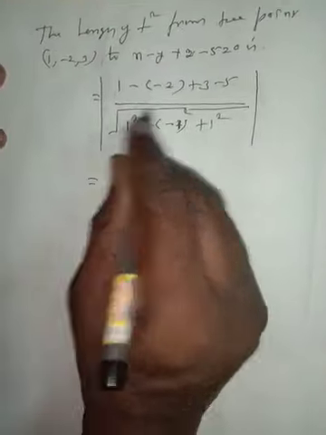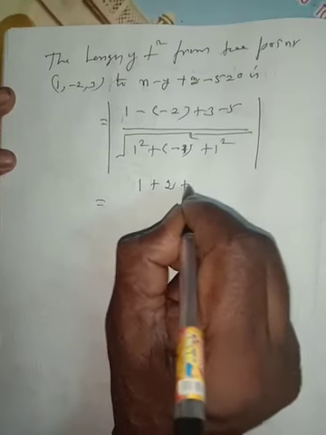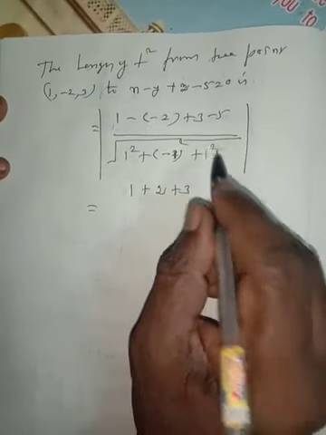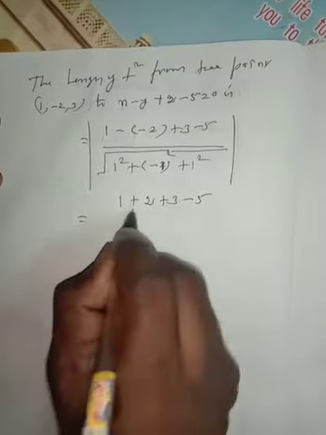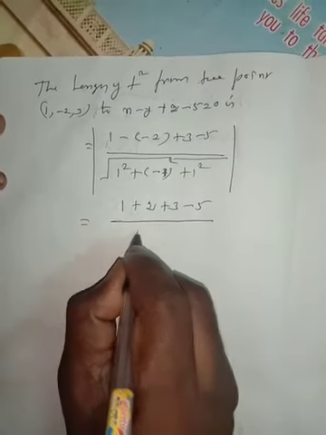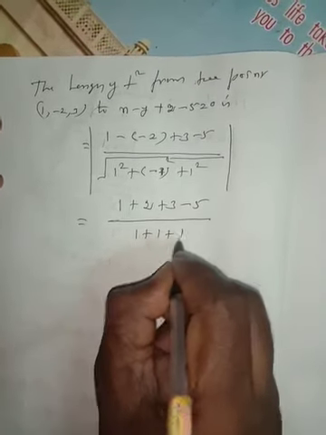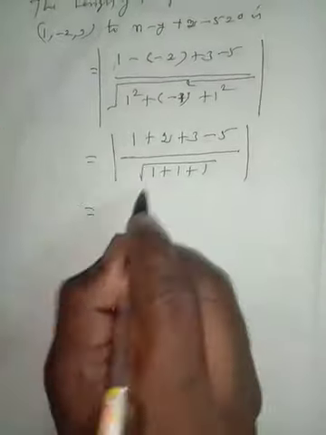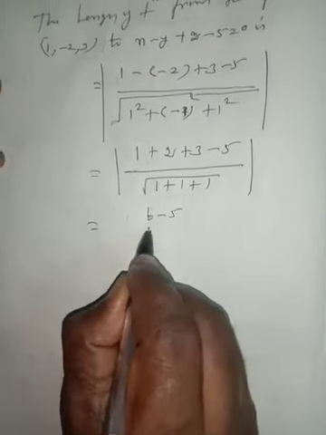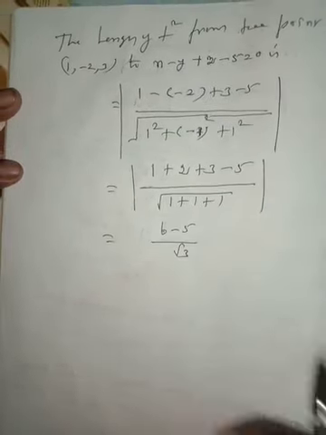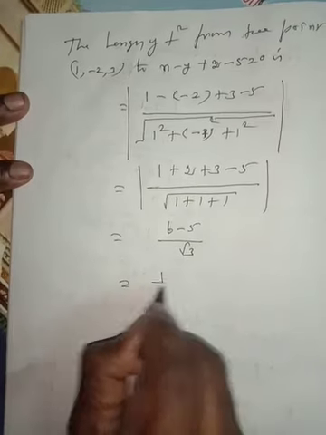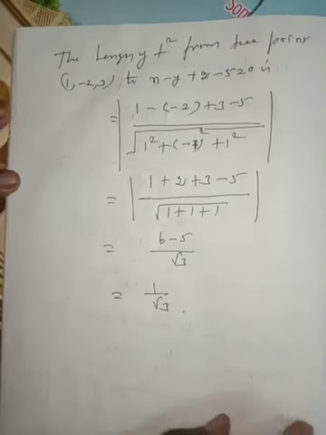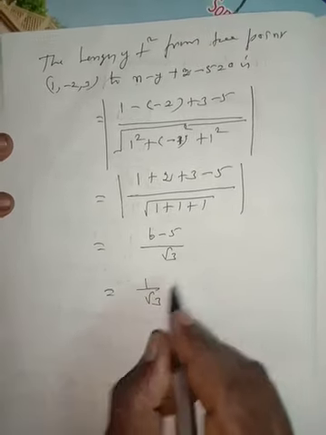It's equal to 1 plus 2 plus 3 minus 5 whole divided by 1 plus 1 plus 1, which is 6 minus 5 divided by root 3, equal to 1 by root 3. Hence 1 by root 3 units.